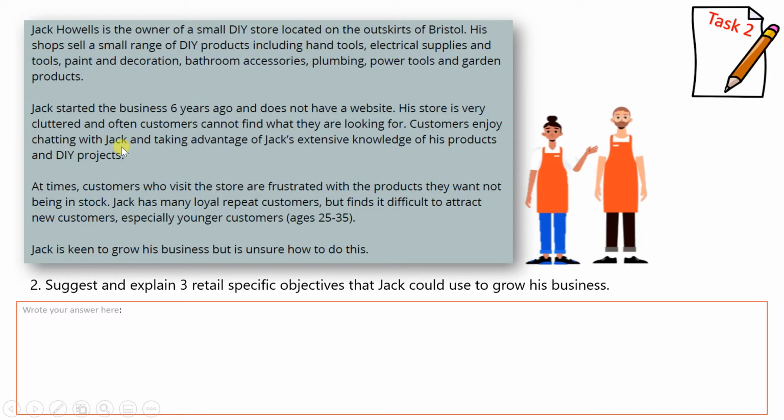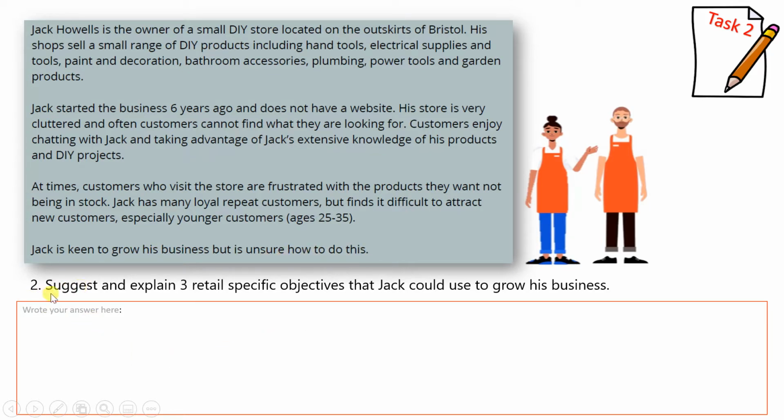Customers enjoy chatting with Jack and taking advantage of Jack's extensive knowledge of his products and DIY projects. At times, customers who visit the store are frustrated with the products they want not being in stock. Jack has many loyal repeat customers, but finds it difficult to attract new customers, especially younger ones aged 25 to 35. Jack is keen to grow his business, but is unsure how to do this.